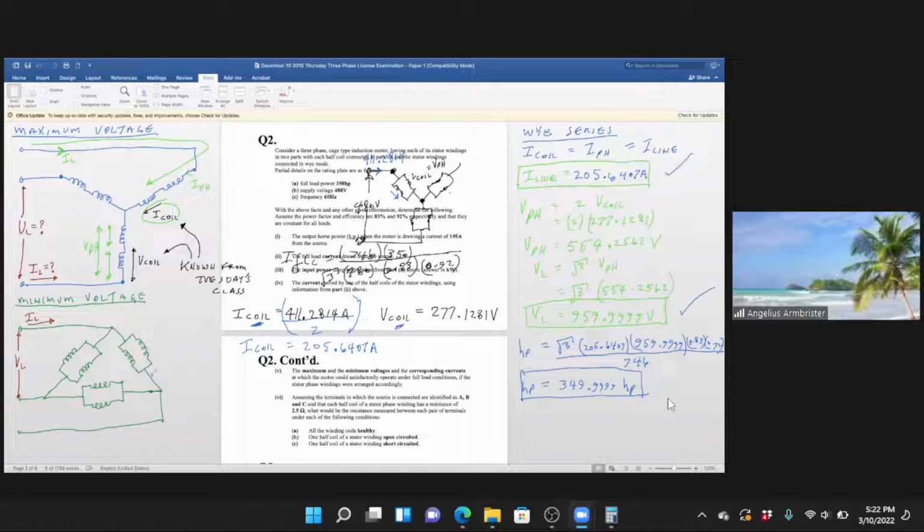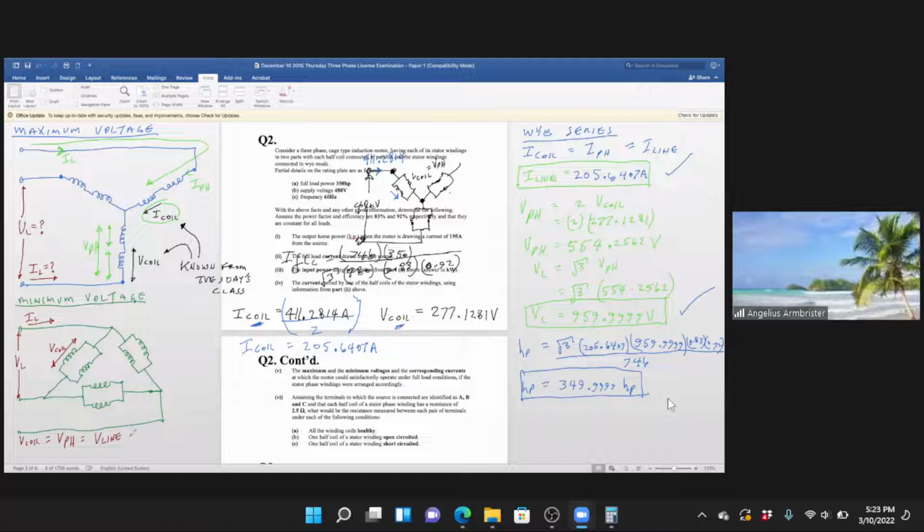Okay. Now if you look at right here, this right here is V coil. But in this particular diagram, V coil equals V phase, which is equal to V line. All of them equal the same thing.